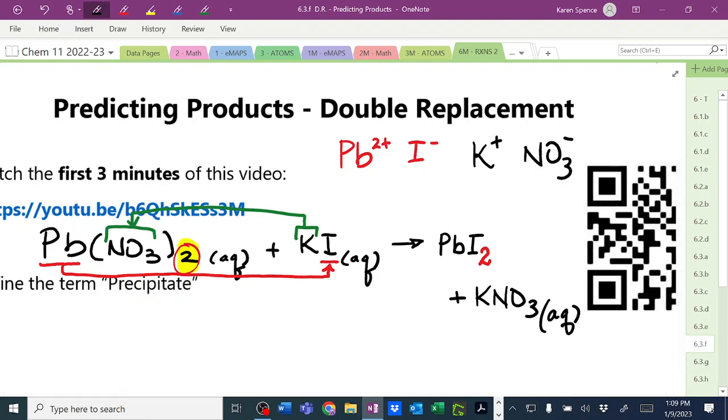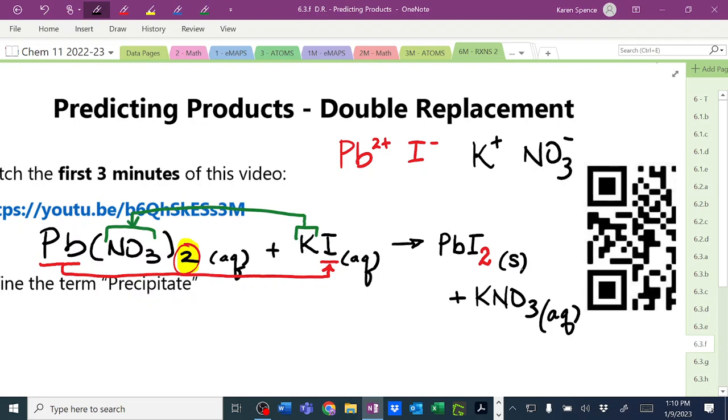So that means I don't even need to look it up. But I know that if I got a solid in that and the KNO3 is aqueous, then this had to be the one that formed the solid. Could you look on your table and check and see if that is correct? Is PbI2 indeed a solid?